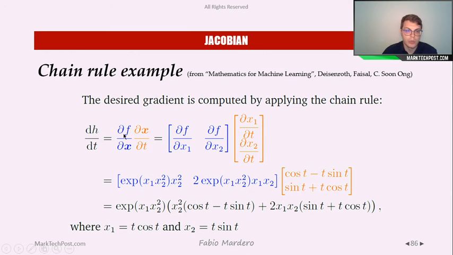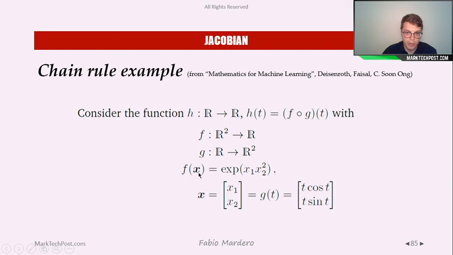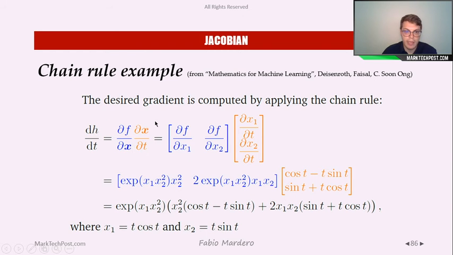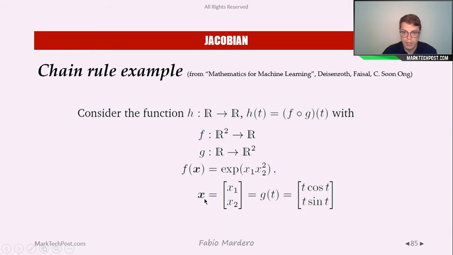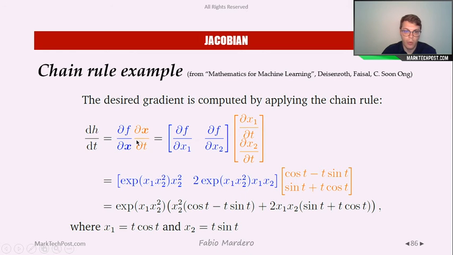This is equal to the partial derivative of f with respect to x, where x is its argument, but x here is expressed as a function, the result of the application of the function g with respect to t. So we have to compute how x changes with respect to t with this red partial derivative. This partial derivative is actually a gradient.